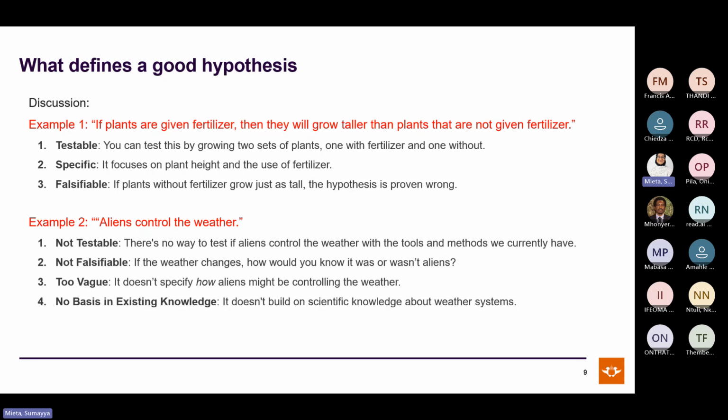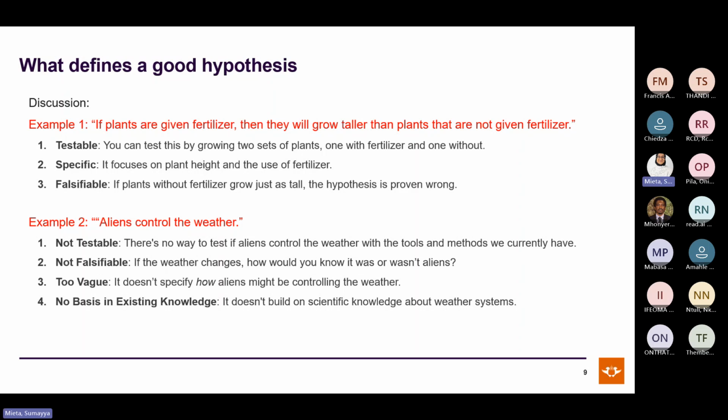If it said that aliens control the weather by changing the magnetic frequencies surrounding Earth, that might be a better hypothesis. And there's no basis in existing knowledge. It doesn't build on the scientific knowledge of weather systems.